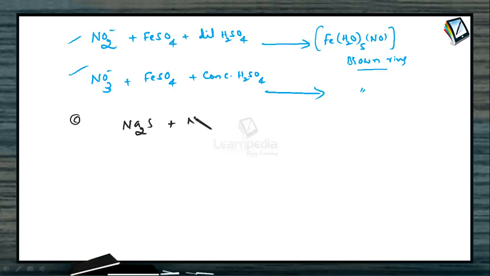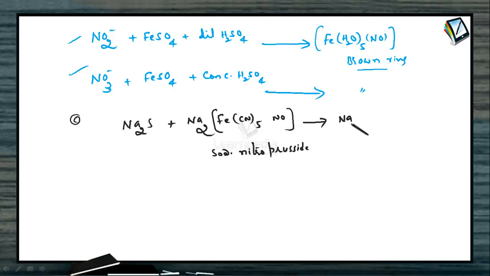To this, when we add sodium nitroprusside solution, Na2[Fe(CN)5NO], a purple coloration is developed due to the formation of the addition compound Na4[Fe(CN)5NOS], and this substance is responsible for that purple coloration. It is one of the confirmatory tests for sulfide ion in solution. So therefore it is right.